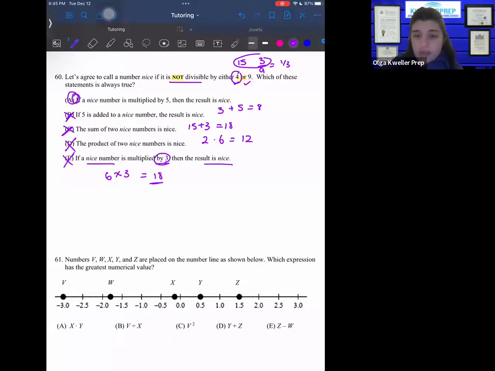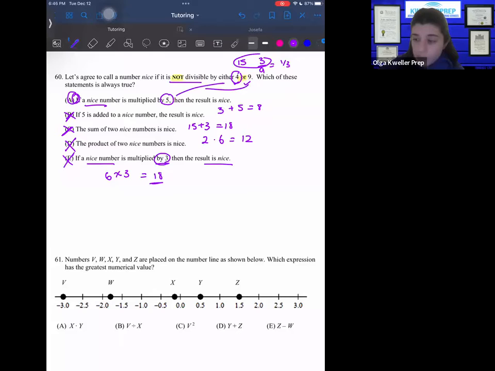The reason the statement is always true is that if we have a nice number, which means it's not divisible by 4 or 9, multiplying it by 5 won't make it divisible by 4 or 9, because 5 is not a factor of either 4 or 9. So logically, it makes sense. Does that make sense? It's because 5 is not a multiple of 4 or 9.